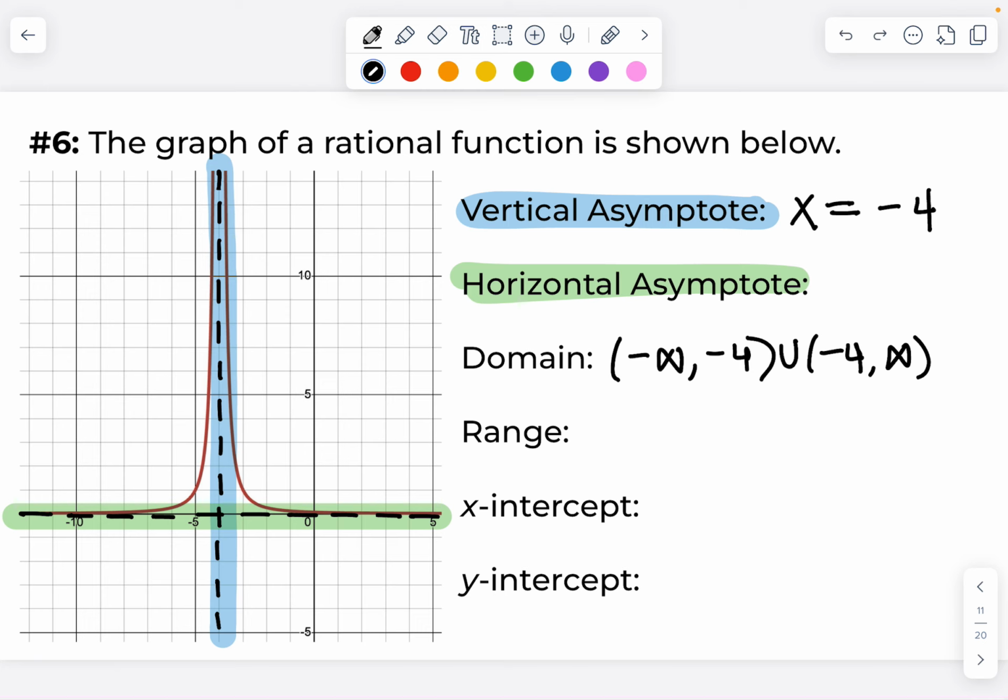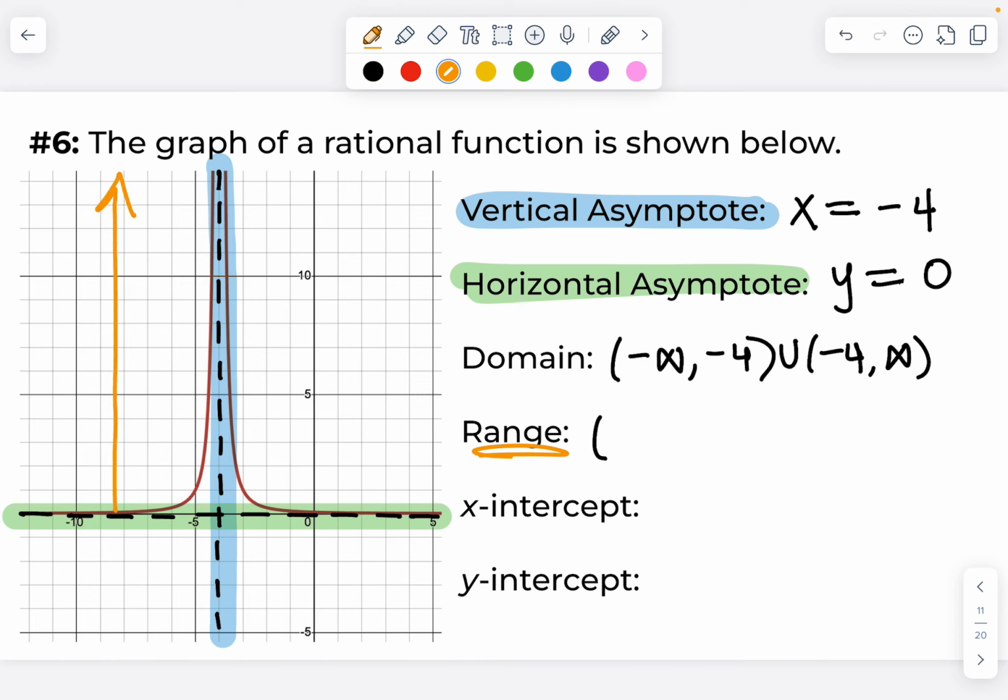Okay, my horizontal asymptote, notice, is on the x-axis. So here it's when y equals 0. Okay, so this is an example where I don't cross my horizontal asymptote. And notice I'm only above it. So my range, think range is min to max. When I'm looking at a graph, my range is from my horizontal asymptote up.